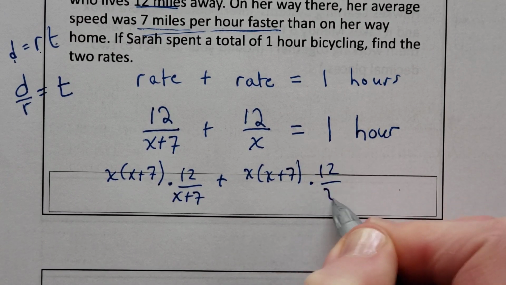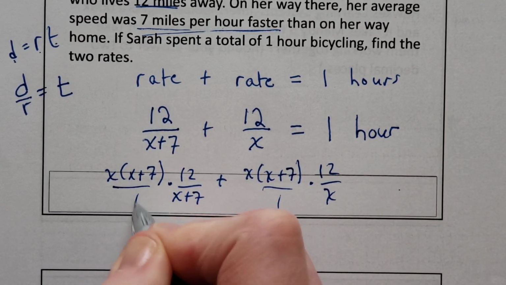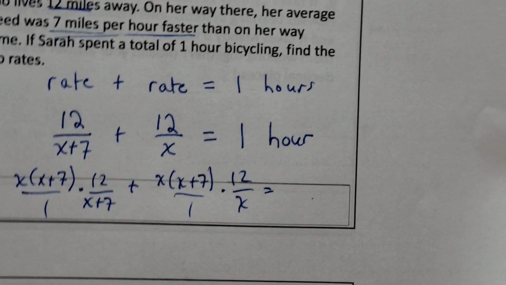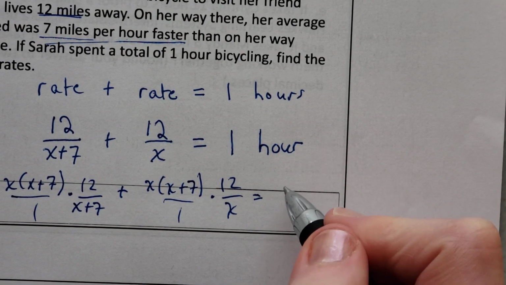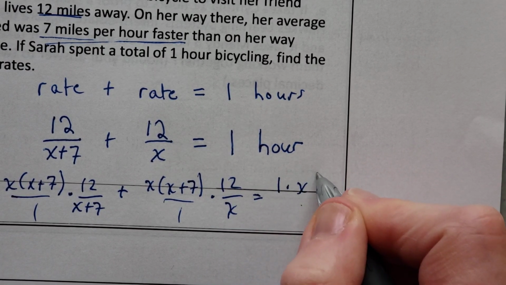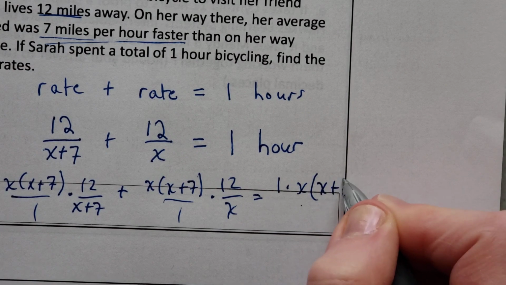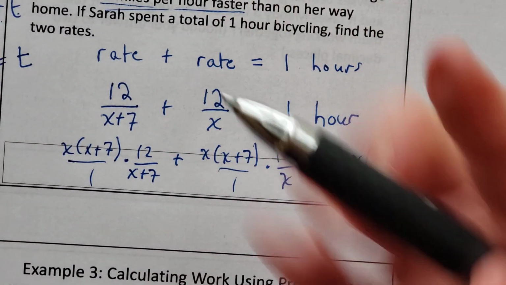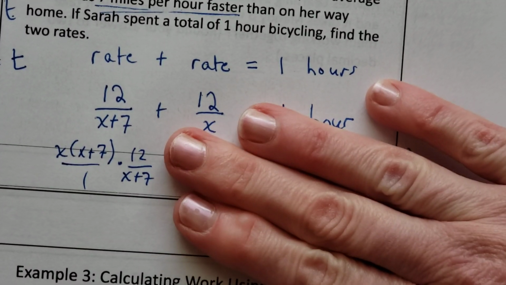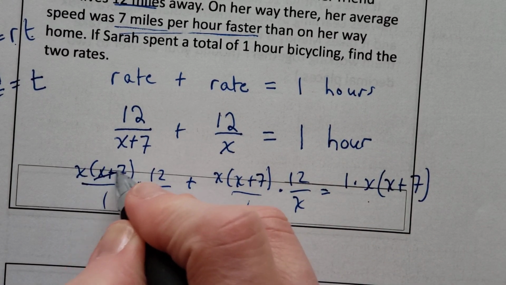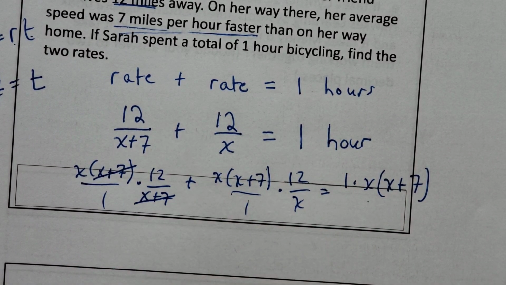Times 12 over x. So these are over 1. And then even past the equal sign, I'm going to multiply 1 times x plus 7. All right, so look at just the first term. What can we cancel out? Well, we can cancel out x plus 7 and x plus 7.